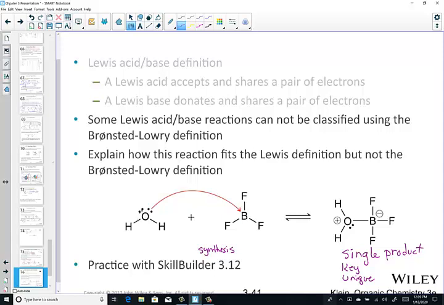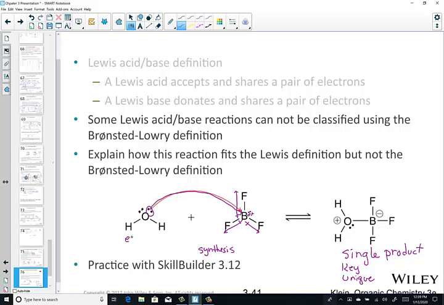Here we have an electron-rich area on the water, and here we have an electron-deficient area on the boron. And again, that's really just inductive forces here pulling the electron density away from boron, making it a positive charge. So as these electrons reach out for this positive area on the boron, a bond forms.